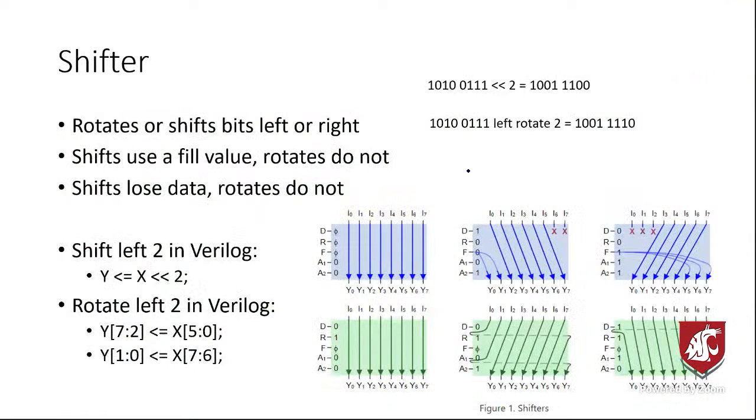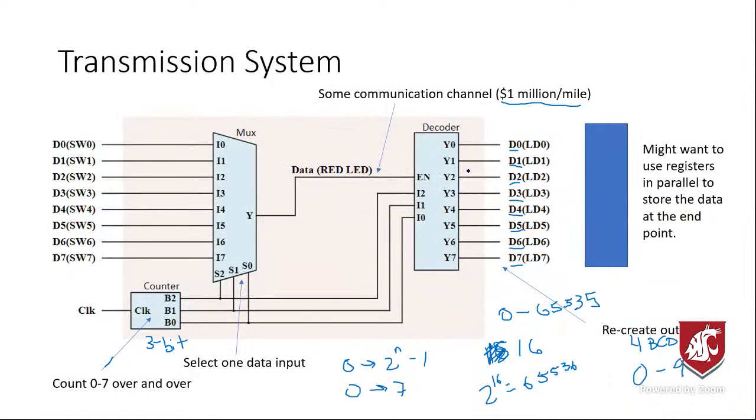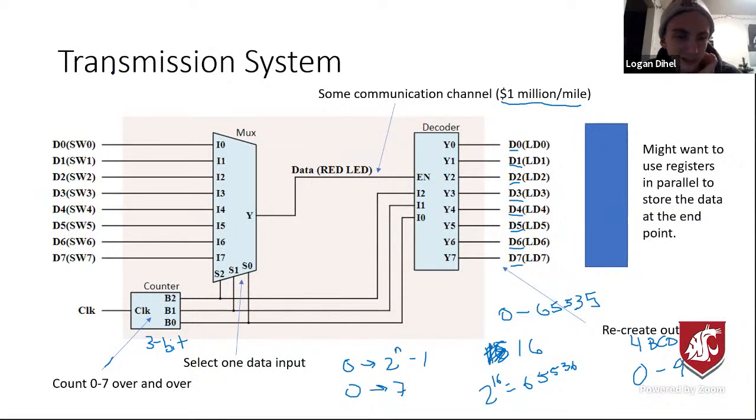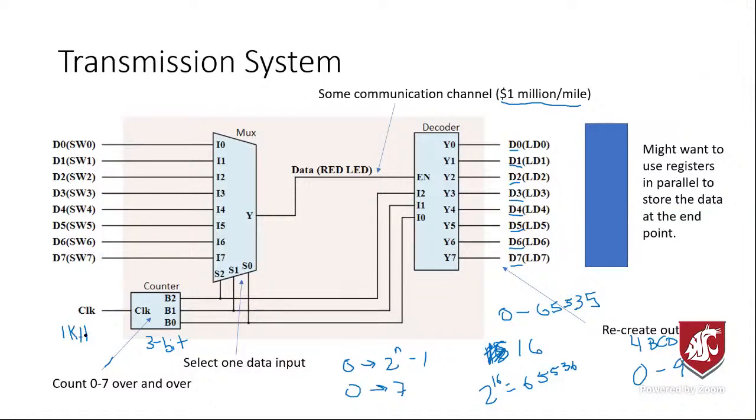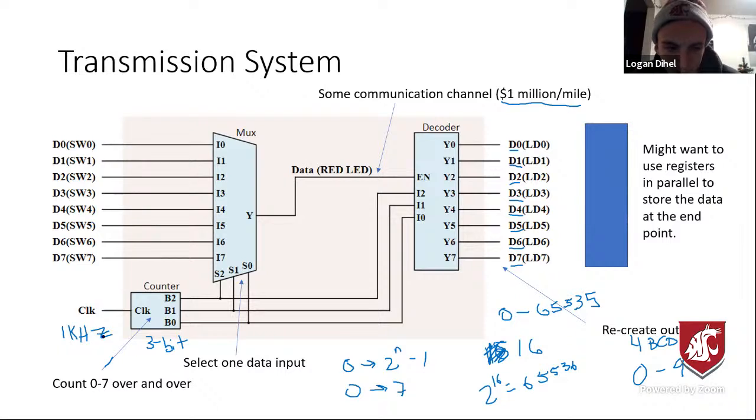Do we need a clock divider for counters? It depends on the application. If this clock input is already 1 kilohertz, then we wouldn't. You can use a counter to make a clock divider. But this clock could be 100 megahertz.